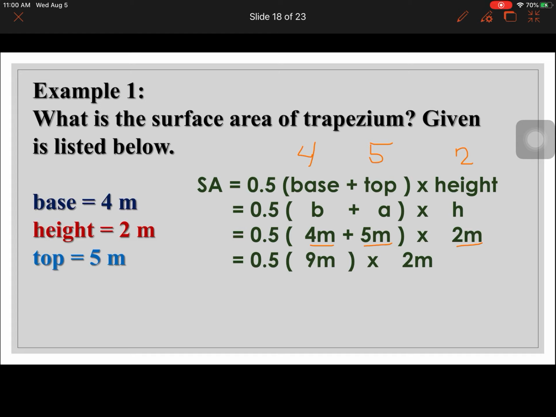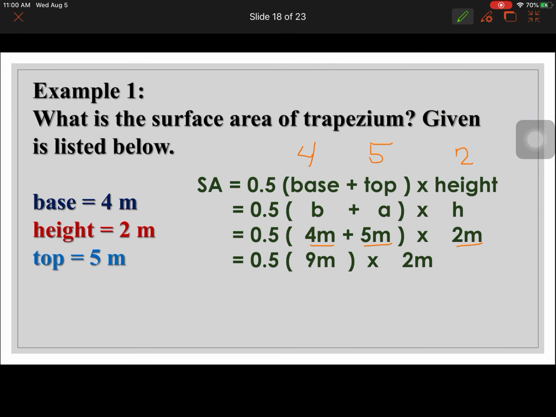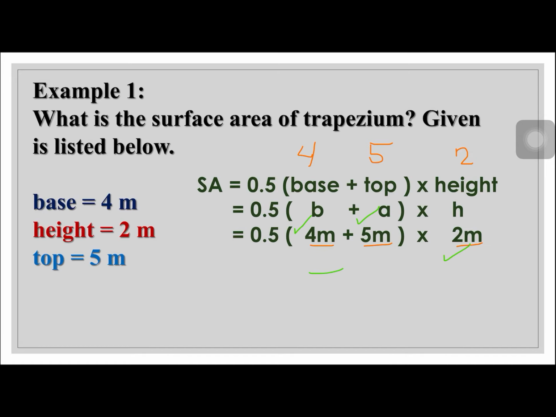Next, unahin muna natin yung nasa loob ng parenthesis. Unahin po lagi yun, ha, base sa rules sa mathematics. So, 4 plus 5 is equal to 9 times 2. So, kung alin yung may parenthesis, unahin ulit natin ang kalalabasan.